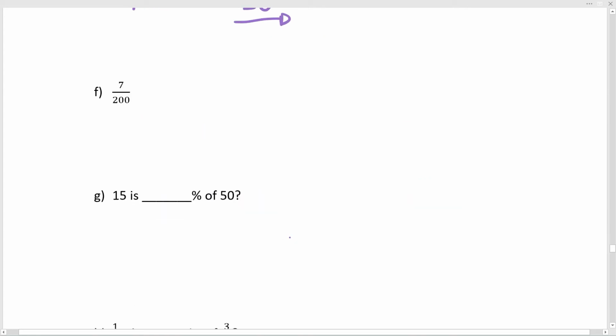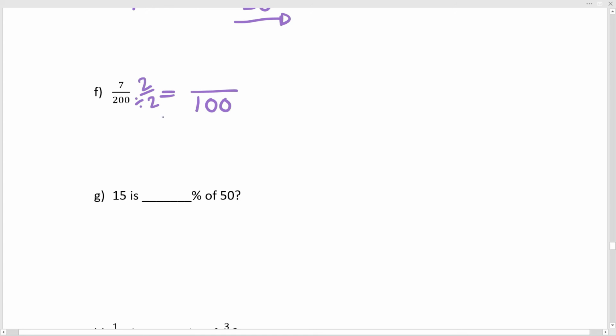For question F, I've got something out of 200 and I need to convert to a percentage. What do I want it out of? I want it out of 100. What did I do to the 200 to get 100? I divided by 2. So what we're saying is I need to divide the 7 by 2.